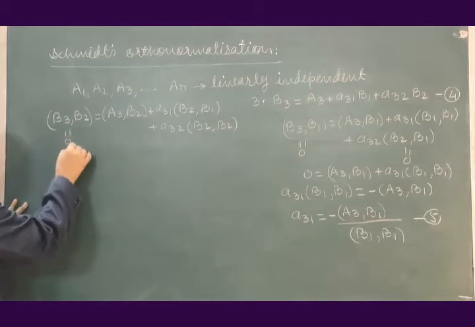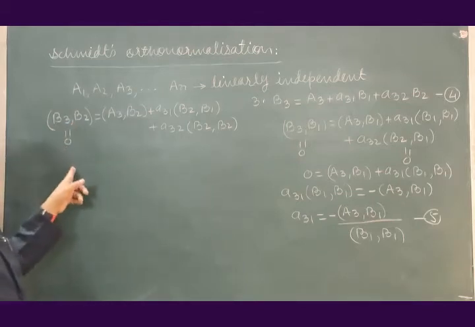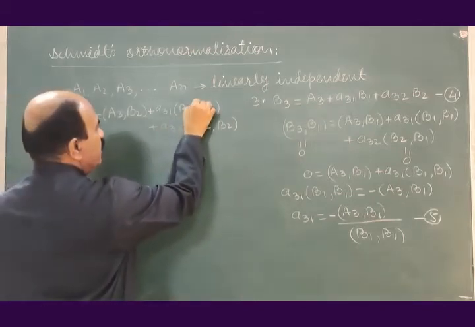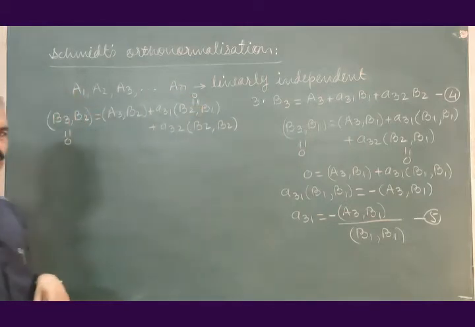So the inner product of these two orthogonal vectors is 0. The inner product of these two orthogonal vectors is 0.